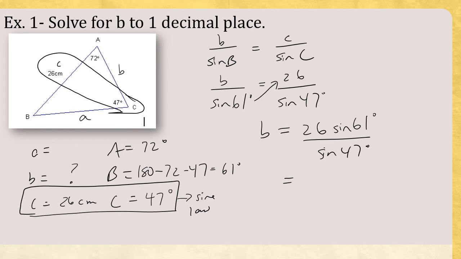So 26 sine 61 divided by sine 47 equals. Right now on your screen, if we round, you should be seeing 31.093 and so on. If we round to 1 decimal place, that is 31.1 centimeters.